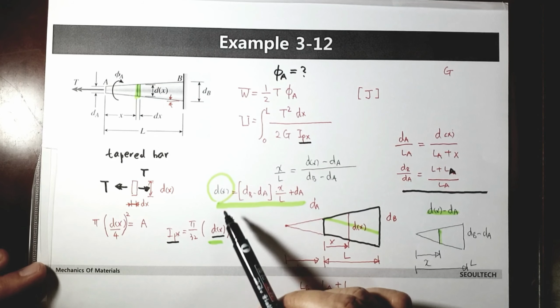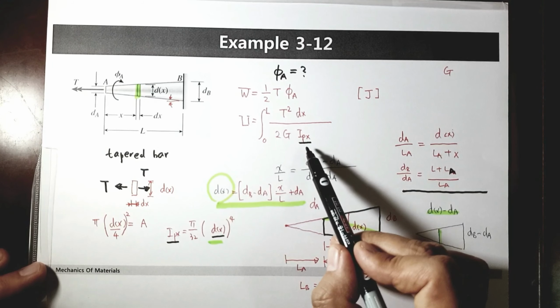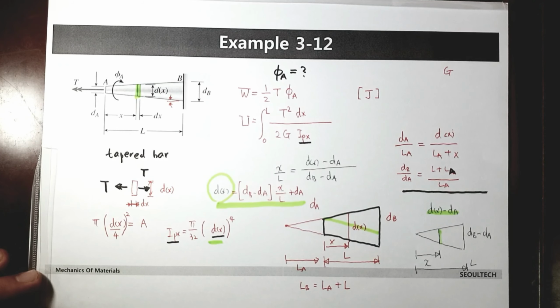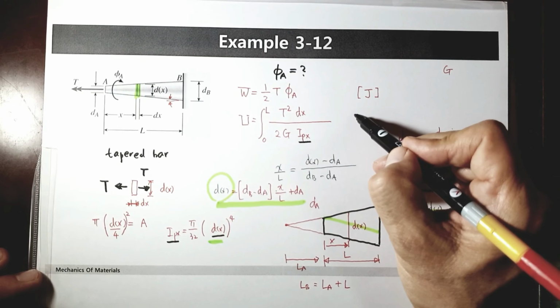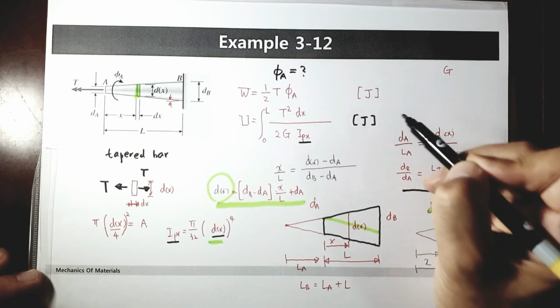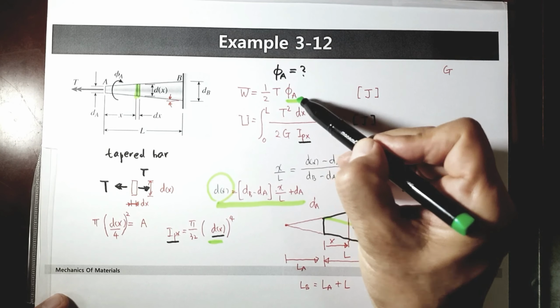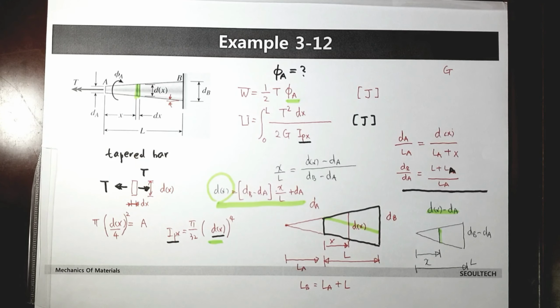When you substitute the dx value there, then finally you can get strain energy. Of course, this is also expressed in joules, and when both values are equal, finally you can calculate the change of rotation, the change of angle, phi A. That's the torsion of the tapered cantilever.